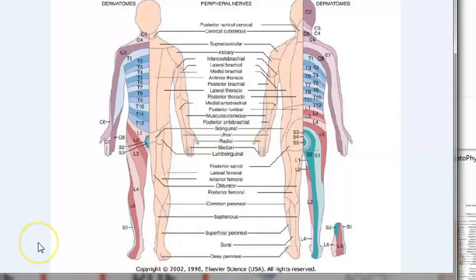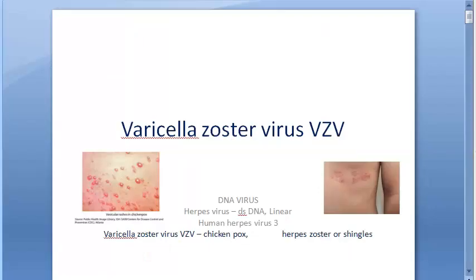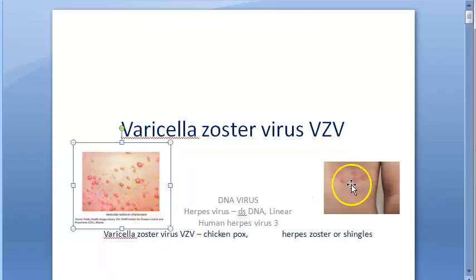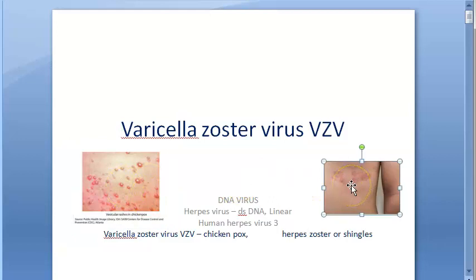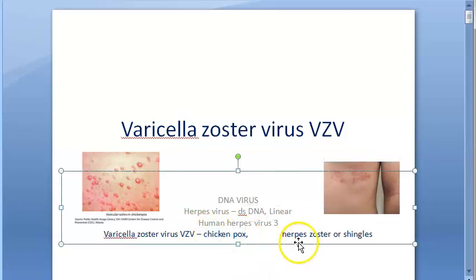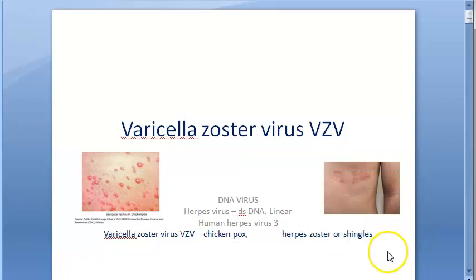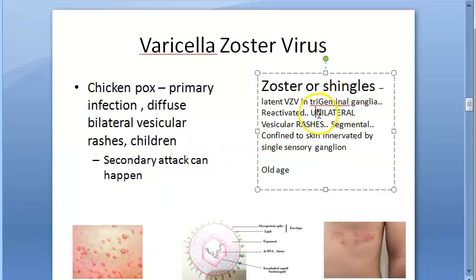We have already covered all this in the microbiology lectures. Varicella zoster virus causes chickenpox, and later if it comes back it is called shingles, herpes zoster. Shingles is unilateral vesicular rashes confined to skin innervated by a single sensory ganglion. So it is the dermatome you should understand.